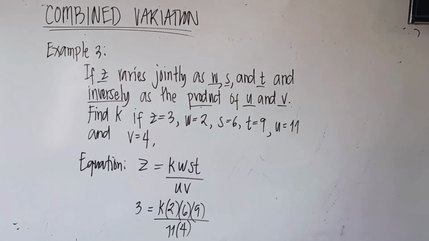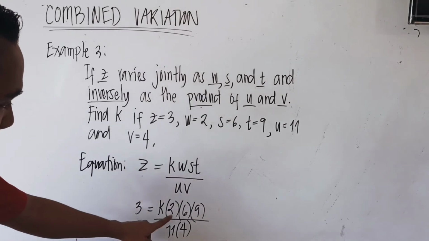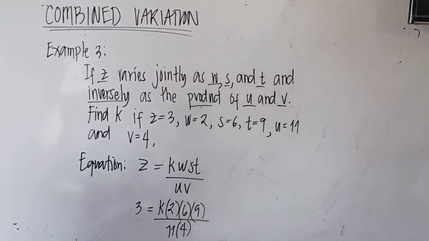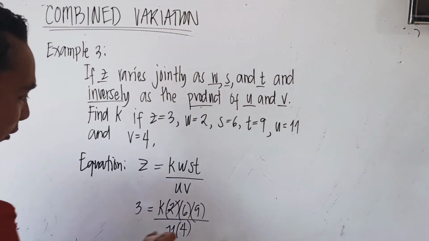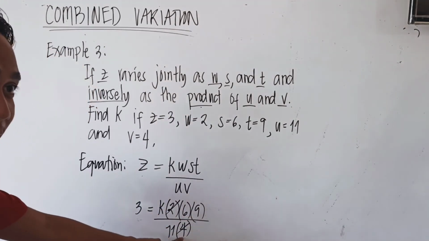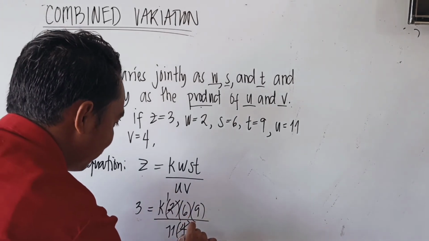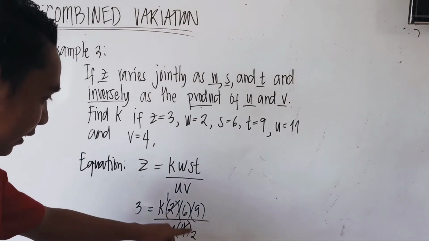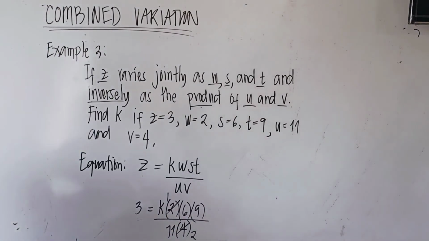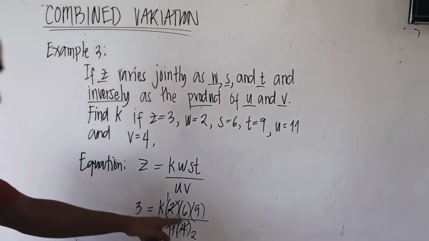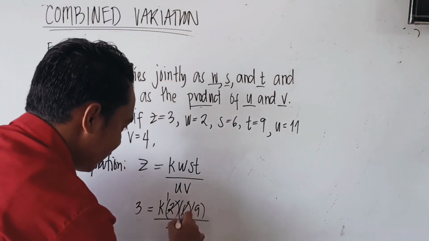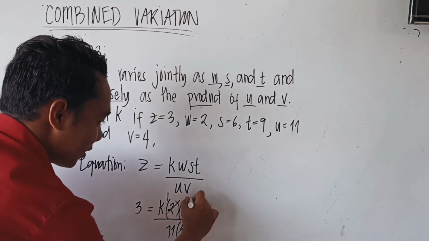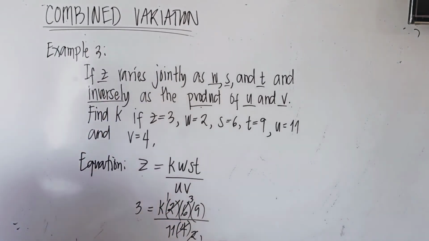Okay, so syempre, para masimplify yan, yung 2 and 4 is pwedeng masimplify. 2 divided by 4, that is 1/2. So, cancel natin yan. Yung 2 magiging 1, yung 4 magiging 2. Then, isa pa. 6 divided by 2, pwede simplify. 6 divided by 2, that is 3. So, magiging 3 yung 6, yung 2 magiging 1.